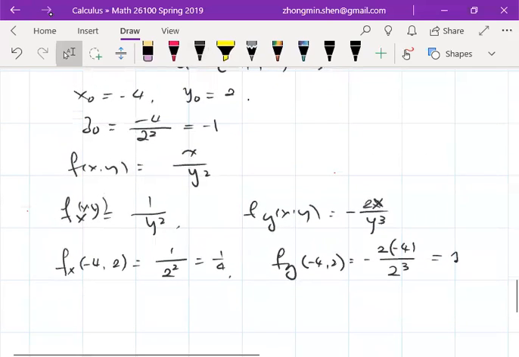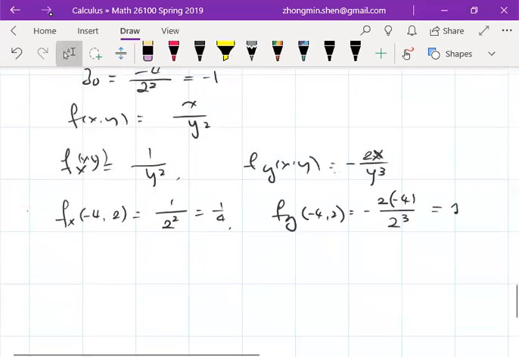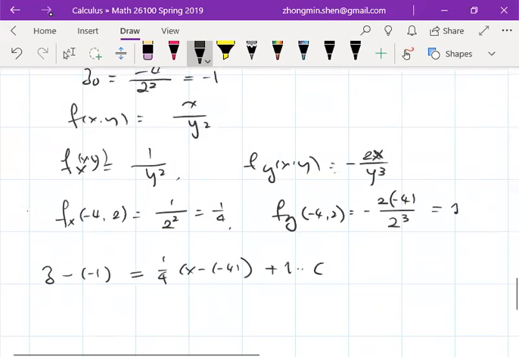So what is our equation? So the equation can be z minus z naught equals the partial derivative of f with respect to x times x minus negative 4, plus 1 times y minus 2, okay?